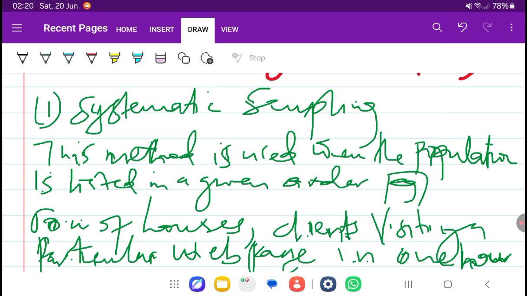And then systematically, the samples of any given position or any number of item in the population, then you find that nth number is going to be chosen, maybe depending on the sample size.